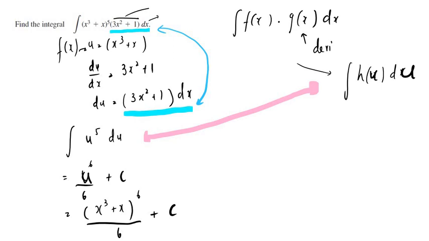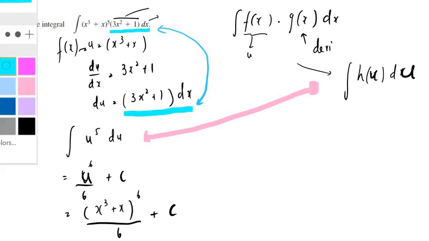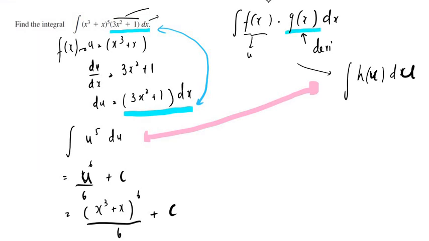So when you see two functions like this, if you see that one is a derivative of the other, the one that is a derivative, you take that function as u, so that when you differentiate it, you can call that du.